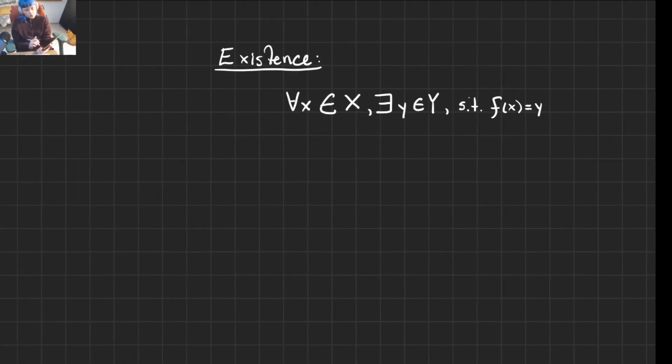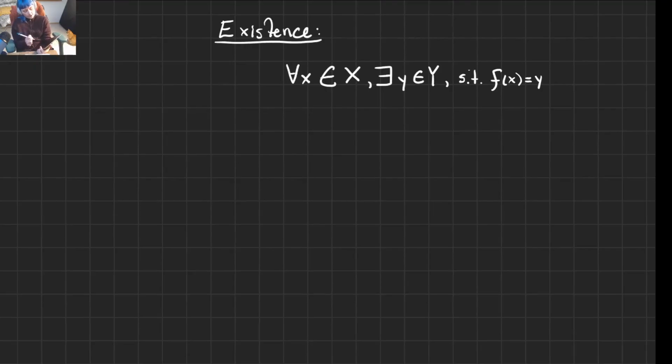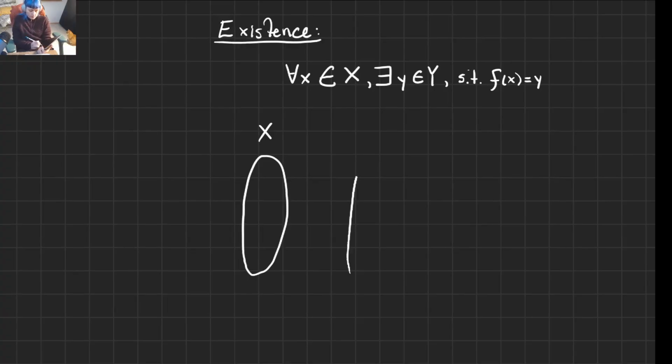Right? So let's take a look at what that looks like. So if we have a domain x and a range y, f of x is a relation that's going to map x to y.